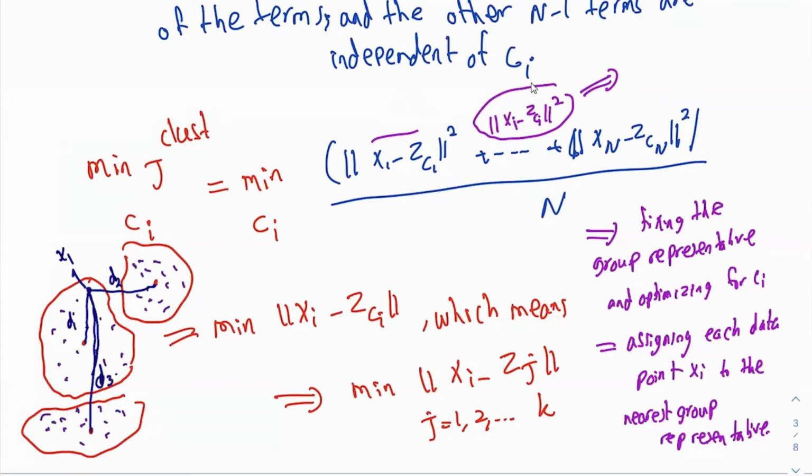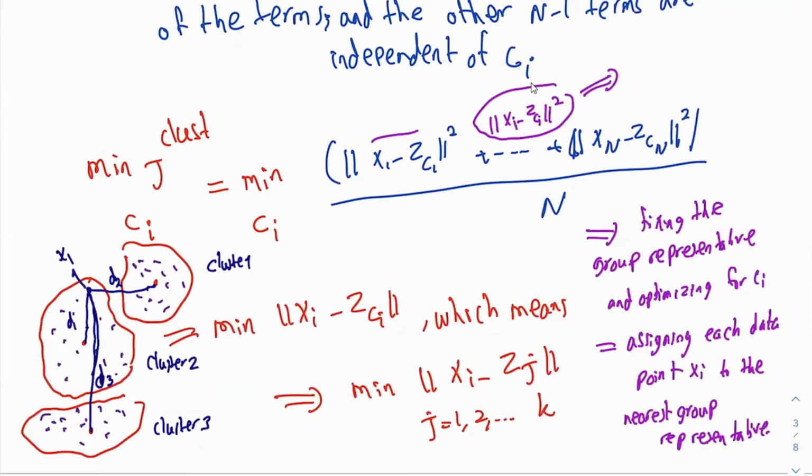Which one? By inspection, I can see d1 is smaller. So I go ahead and assign the point x1. Let's call this one cluster 1, this is cluster 2, and this is cluster 3. I'm going to assign the point x1 to cluster 2. So point x1 is in cluster 2.